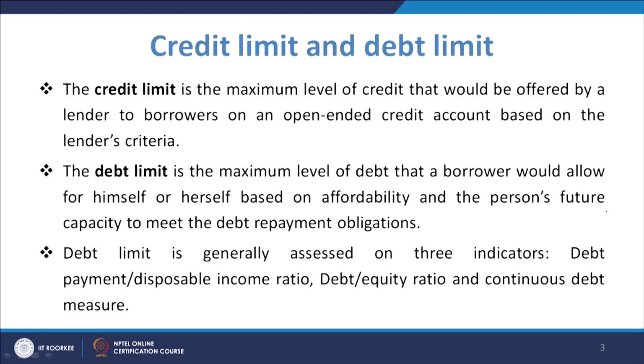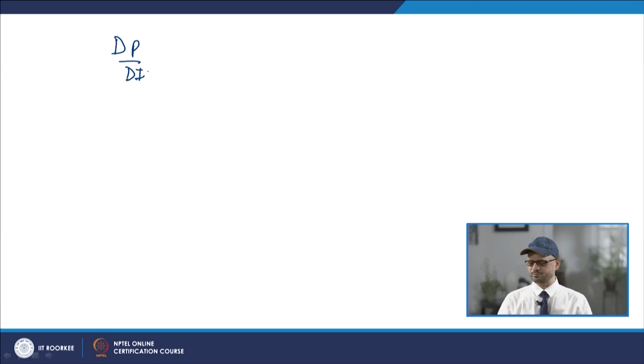It is said that when finding these debt limits, the ratio of debt payment, DP, to disposable income should be not more than 20%.